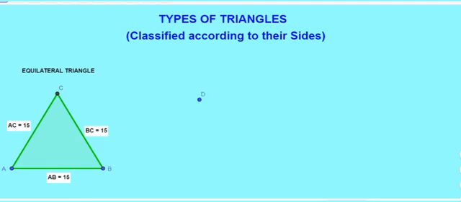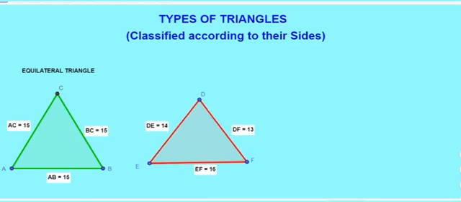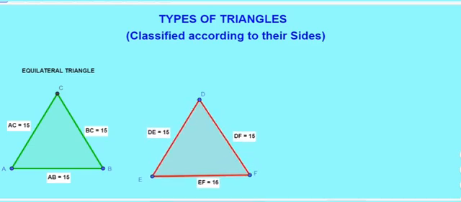Let us take another type of triangle. Now, this is DEF. Let us take the measurement of each side. DE is equal to 13 centimeters. DF is equal to 13 centimeters. But look at here, EF is equal to 16 centimeters.